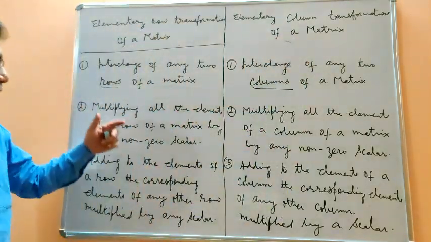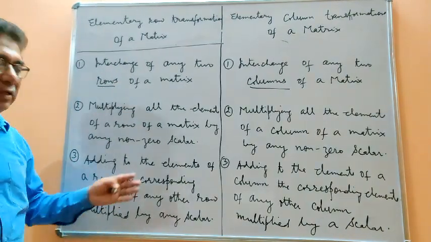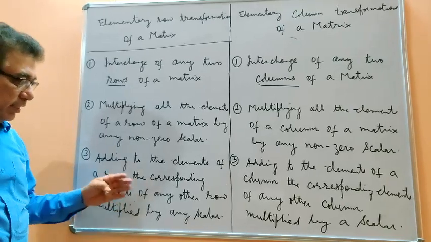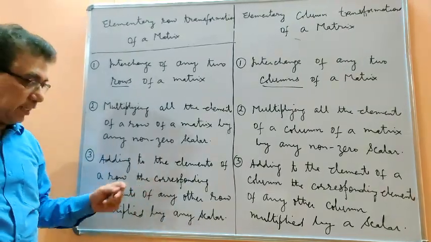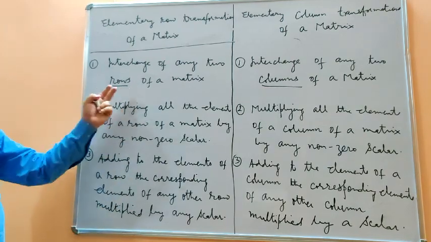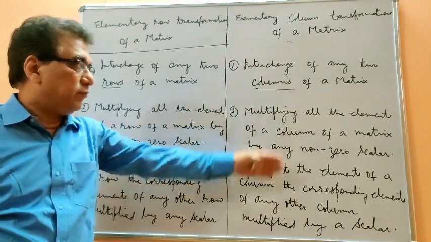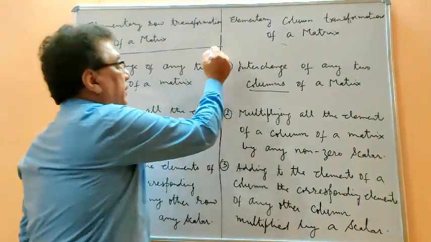You have to remember the types of operation, because other than these three, no other operations are there, and you cannot use any other type to find the inverse. You have to keep that in your memory. This is one set of row transformations and the same set here with column transformations.